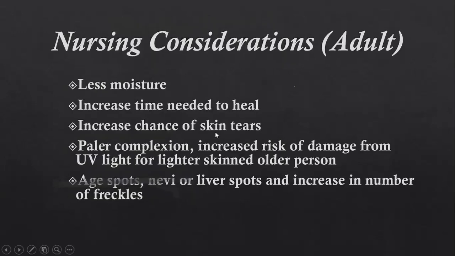Okay, so any kind of considerations with our older adults, they have less moisture, so that's why we're using our ointments to keep it moist. That's why we're using Vaseline. That's why if they have to have any kind of ointments put on, we're using that ointment as a vehicle to deliver the medication we need. They need increased time to heal because their skin is thicker.